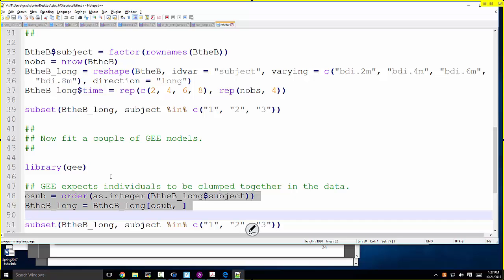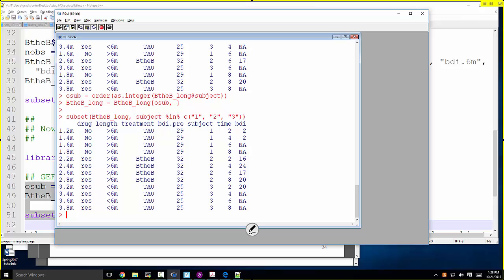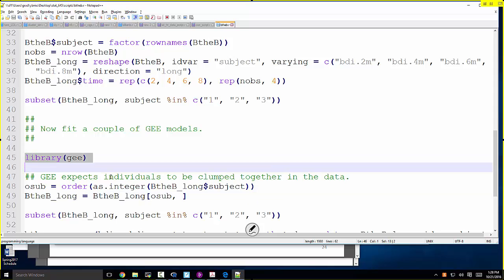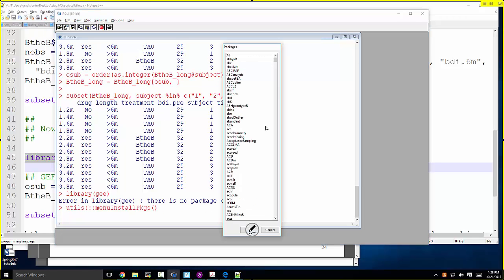Now we have the data organized like we want. 4 rows for subject 1, followed by 4 rows for subject 2, and so on. These are ready to be thrown into GEE. I bet I don't have the package. Let me get it real quick and show you just what the output of GEE looks like.